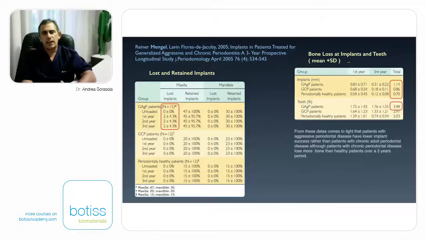And we can clearly see the graphic showing complications and bone loss over a 3-year follow-up. It was more severe in the patients affected by generalized aggressive periodontitis compared to patients with chronic disease and healthy ones.